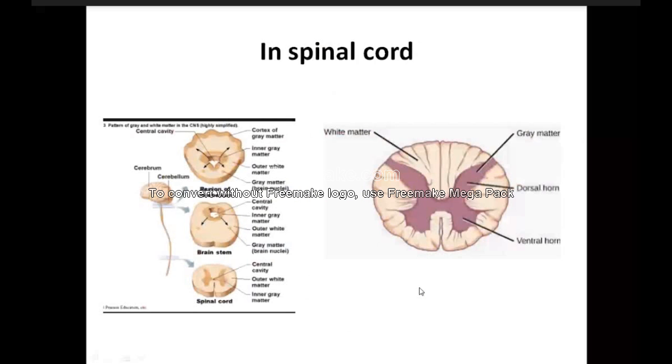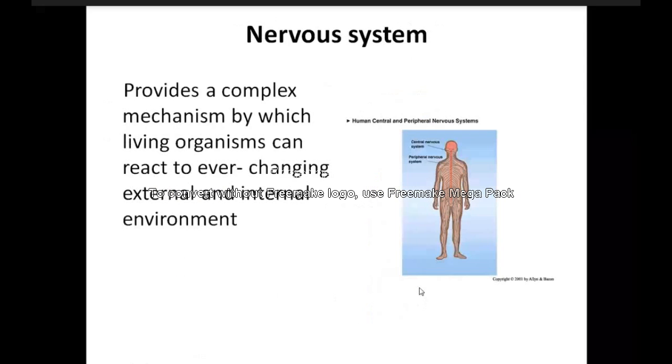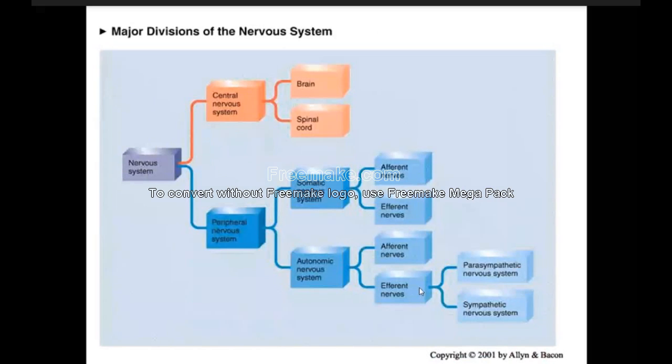In this brief introduction, you should know the nervous system mainly consists of the central and the peripheral. As we'll be learning the central nervous system in this semester, we'll study the brain and the spinal cord in detail.